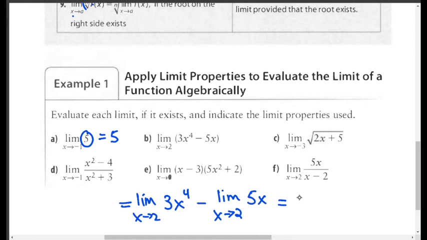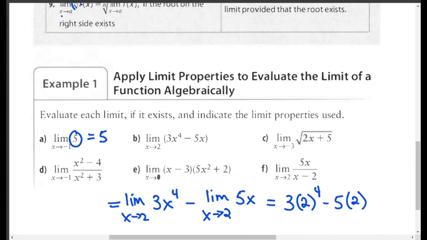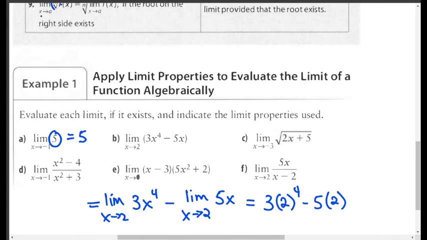So 3 times 2 to the 4 minus 5 times 2. 2 to the power of 4 is 16. 16 times 3 is 48. Minus 5 times 2 is 10, so that should be 38.